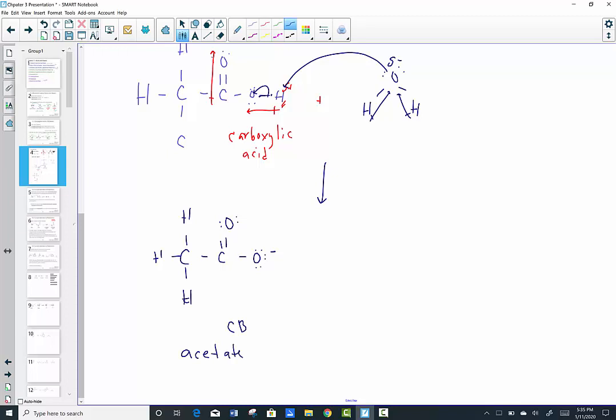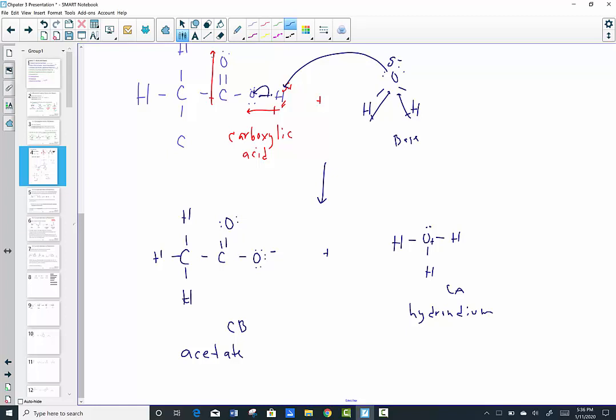Over on the water side, because it accepted a proton, we now have the conjugate acid of hydronium. Again, oxygen with its positive formal charge makes the hydronium polyatomic ion, which is the conjugate acid when water acts as a base.